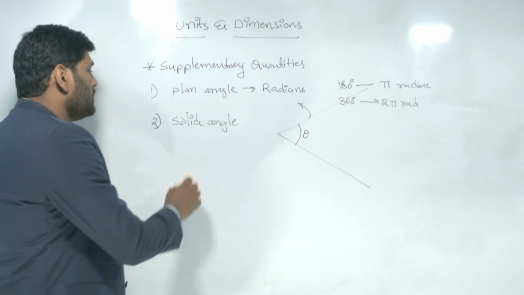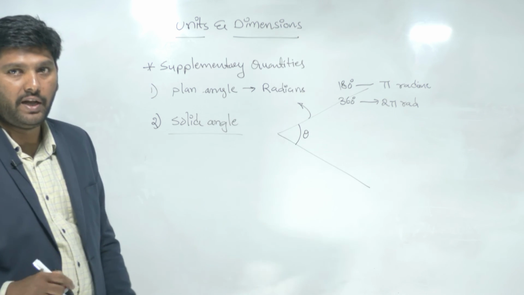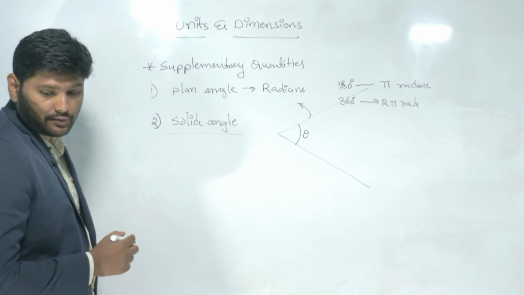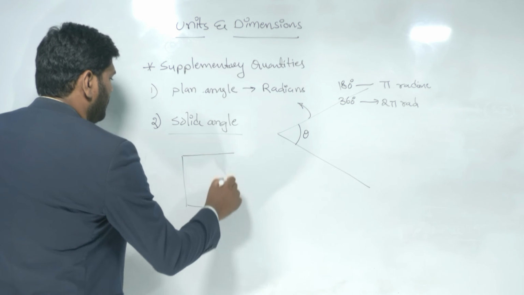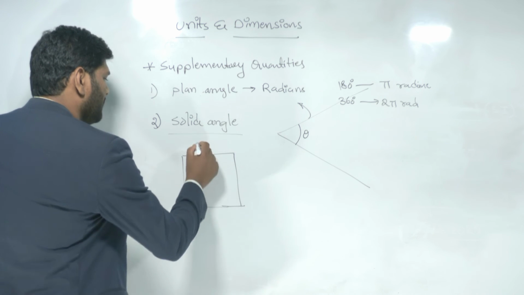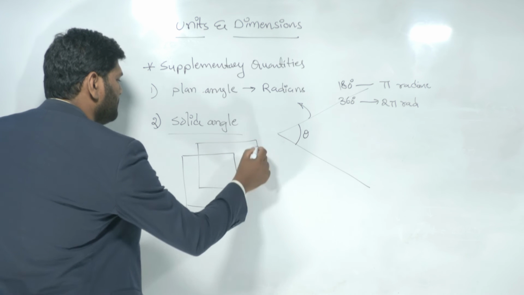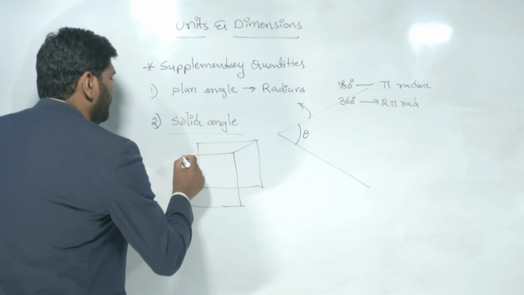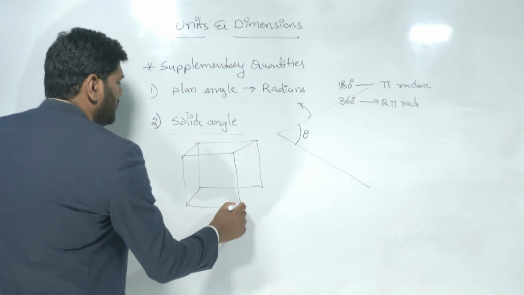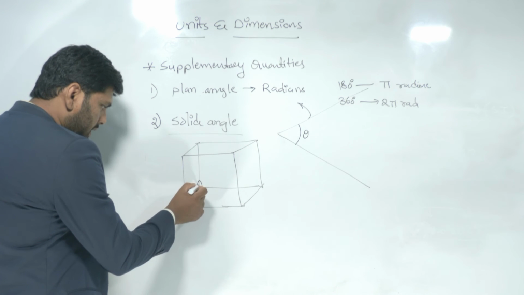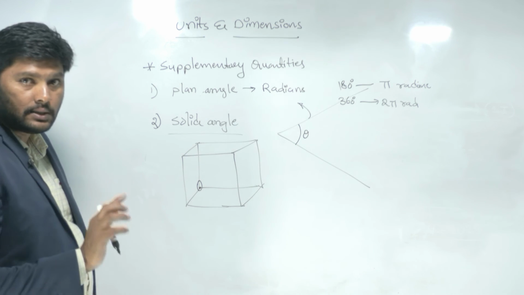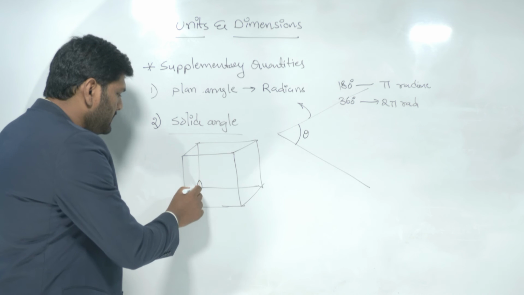And coming to the solid angle, what is this solid angle? For example, if you take any volume, imagine this is a volume. When we are talking about a volume, look here, at this corner all three sides are making some angle, right?